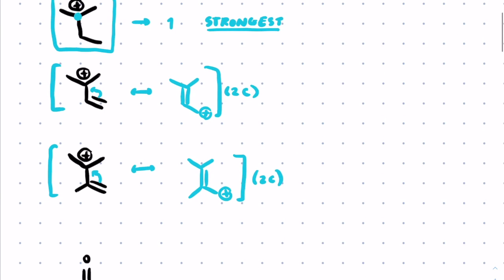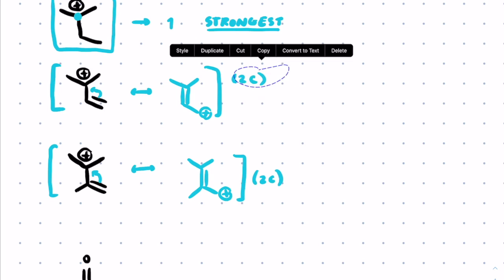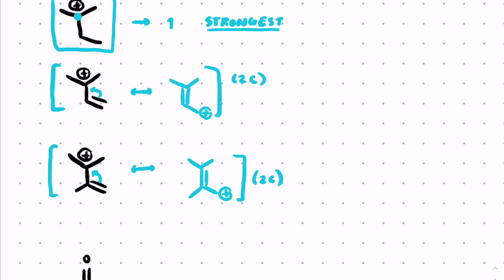And now we have to compare the bottom two as to which one is the strongest or the weakest out of those two. So honestly, there's not a huge difference between these two. Both of them have two carbons sharing a positive charge. Both of them are resonant between a tertiary carbocation and a primary allylic, so primary next to a double bond.